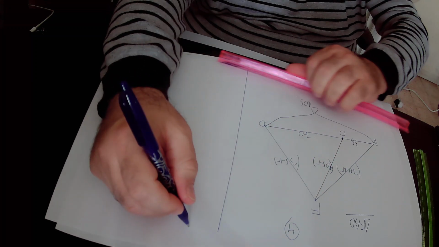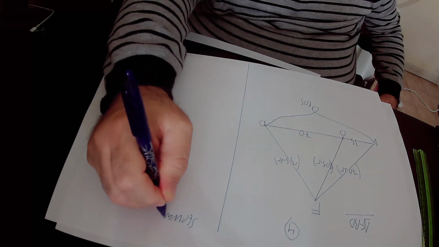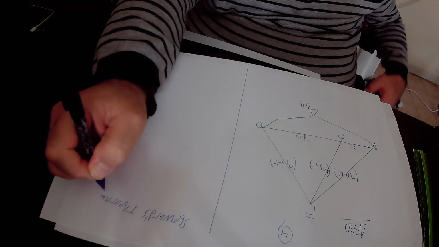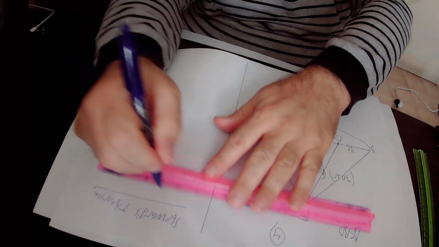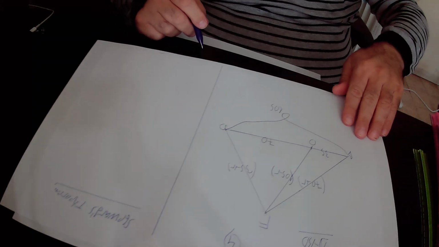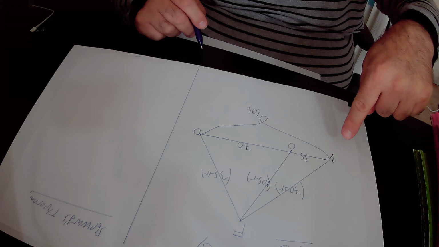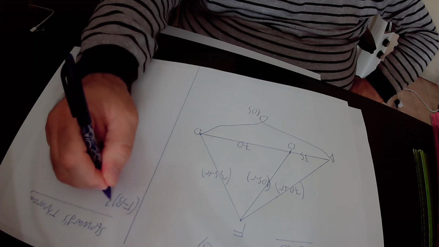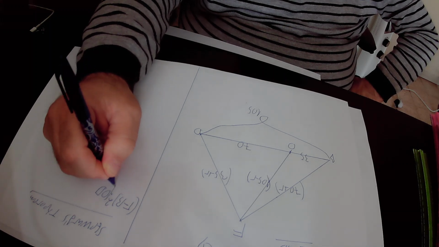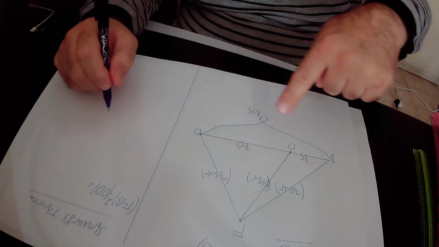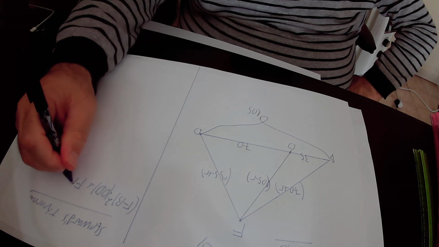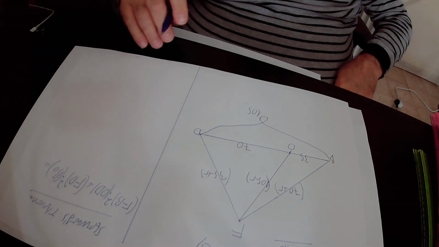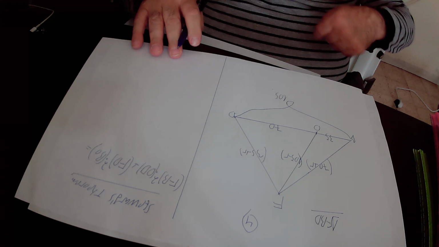According to Stewart's theorem, in this triangle FBD, FB squared times OD plus FD squared times BO equals BD.